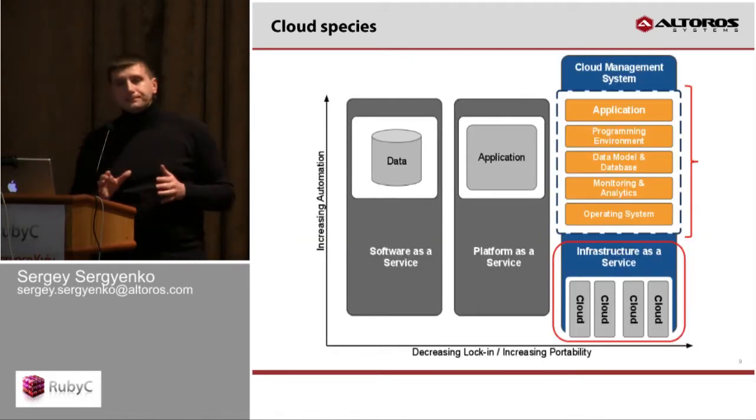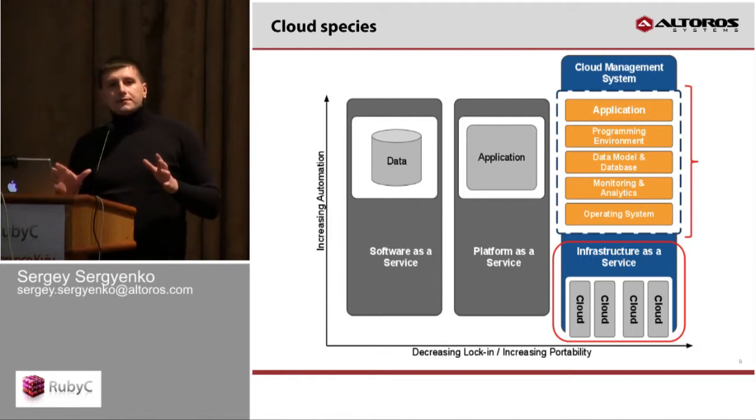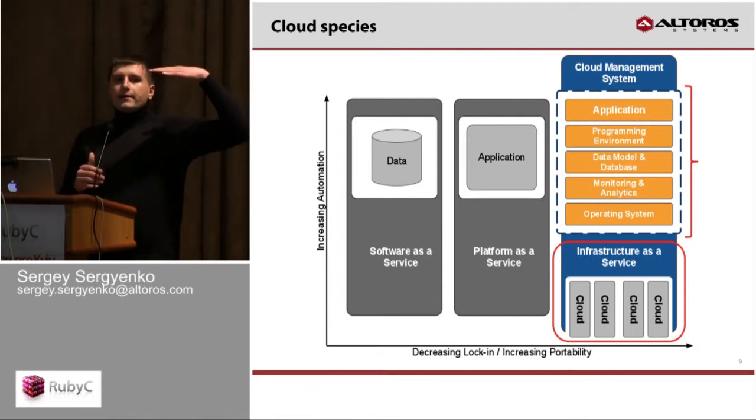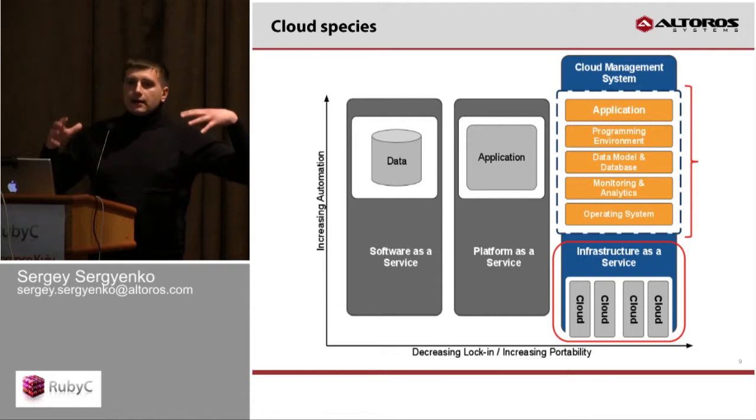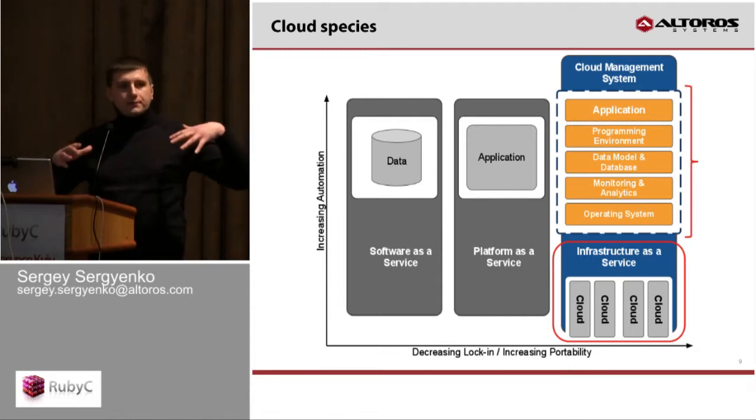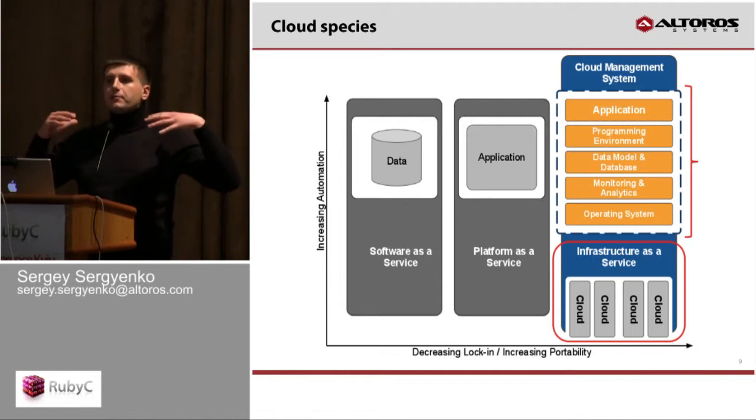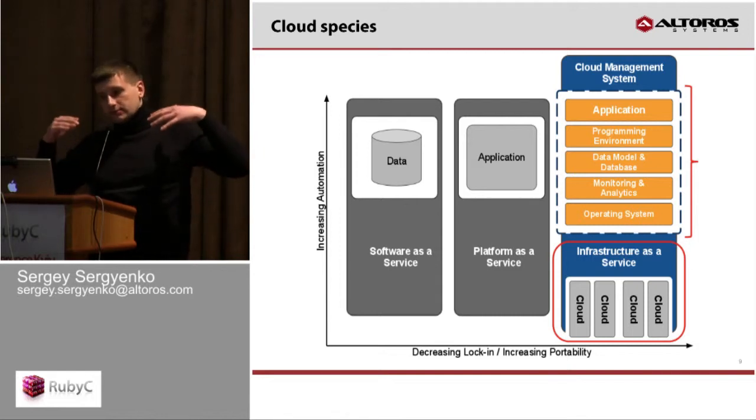As a quick refresher, cloud computing has only 3 models, and it's like cloud species. It's 3 different layers that we can use for our purposes. First, the very top and very high level of cloud computing is software as a service, and this layer operates on our data.